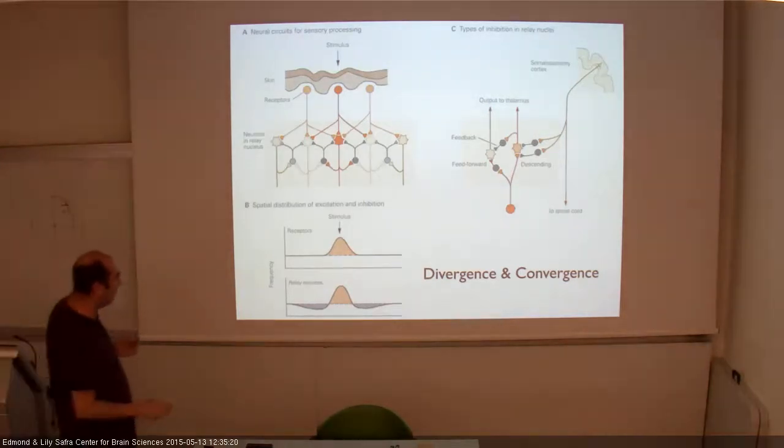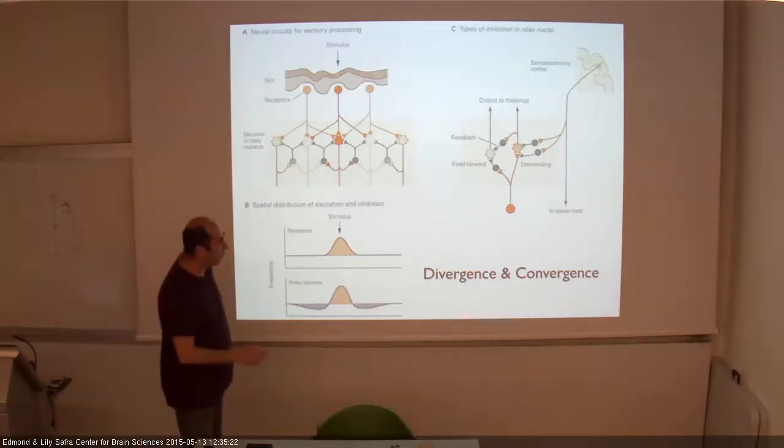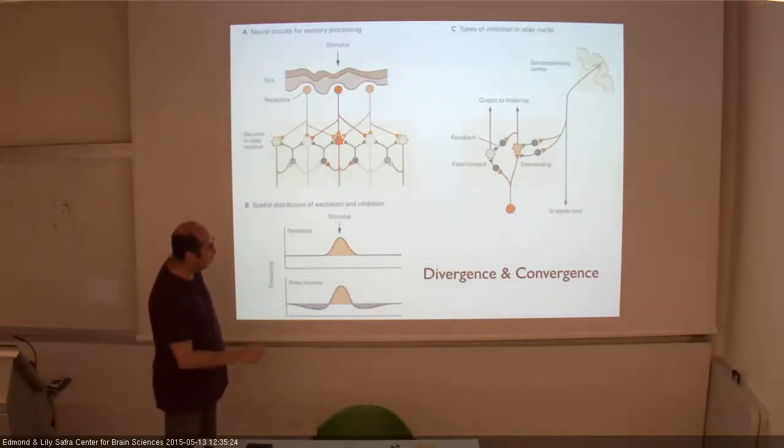So basically, if you follow the flow of information, the excitation will go like that, and here you get some kind of inhibition, feed-forward inhibition. So this neuron would fire when this neuron is fired.